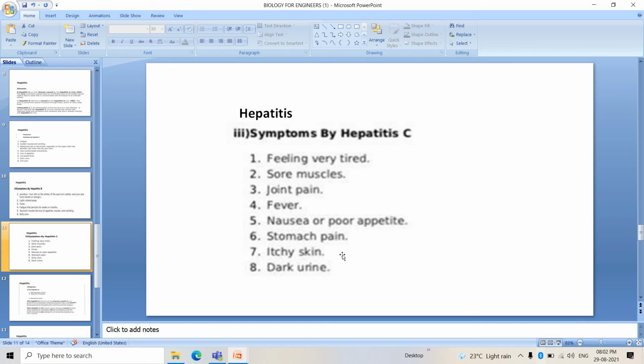All these are the common symptoms related to the hepatitis C liver infection.